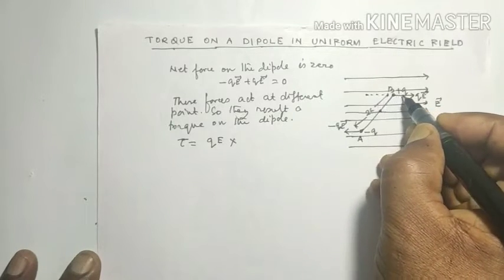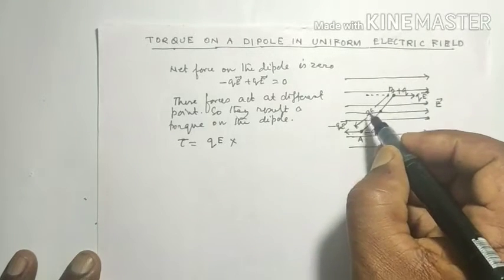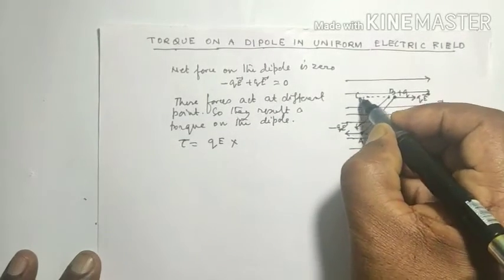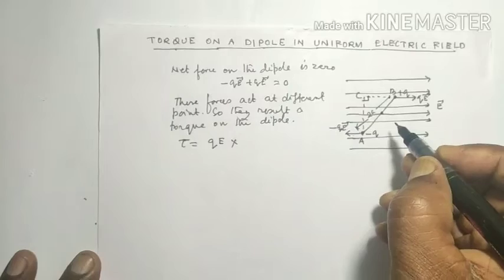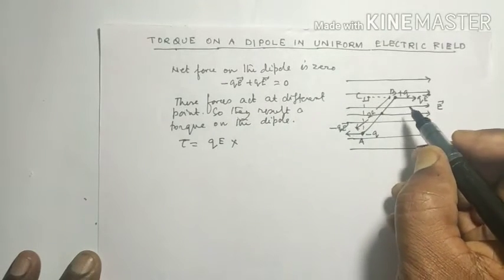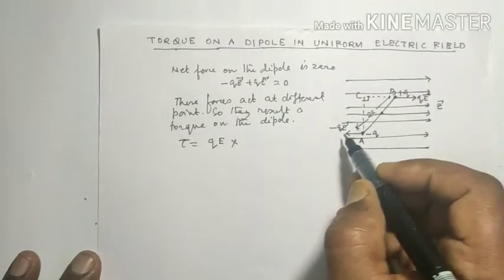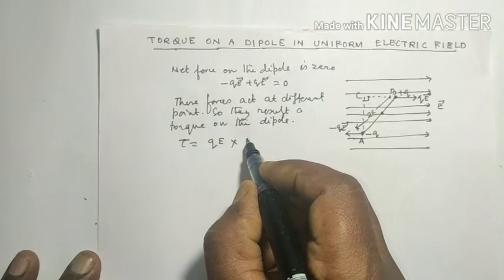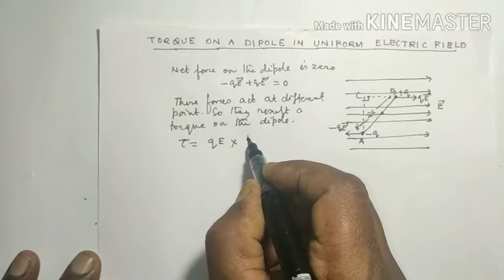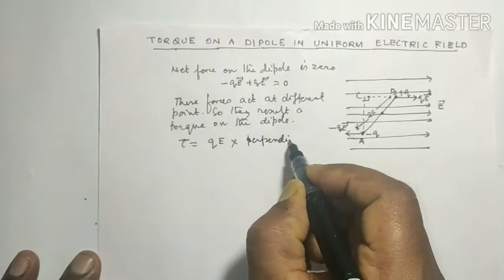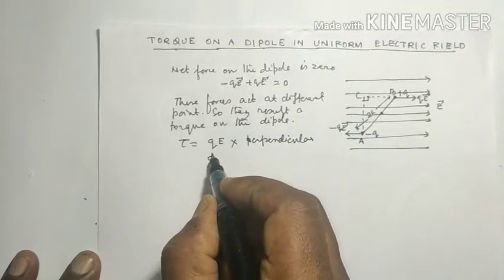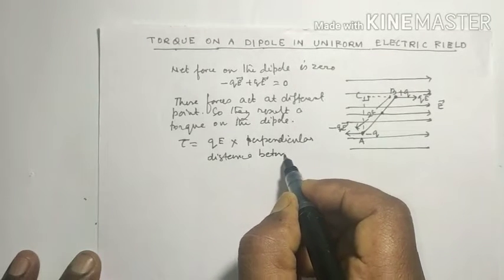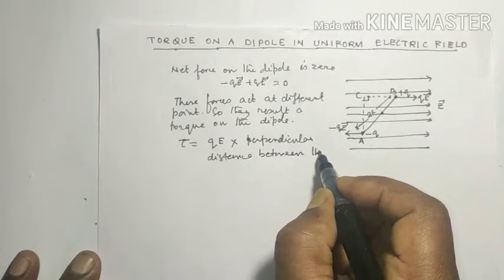This is the line of action of the force plus qE, and this point is C. This is a right angle. AC is the perpendicular distance between these two forces, qE and minus qE. So qE into the perpendicular distance between the two forces.